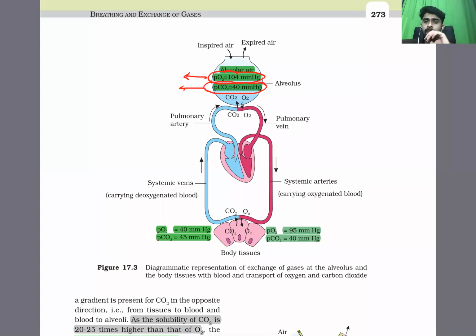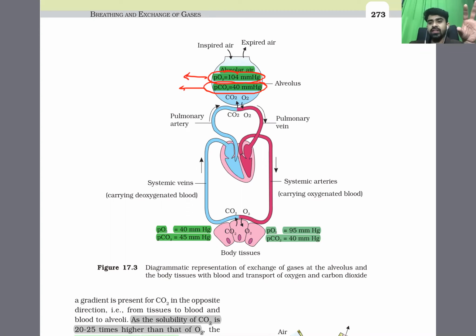If the partial pressure of oxygen is 104 millimeter mercury, can you tell me its corresponding percentage?